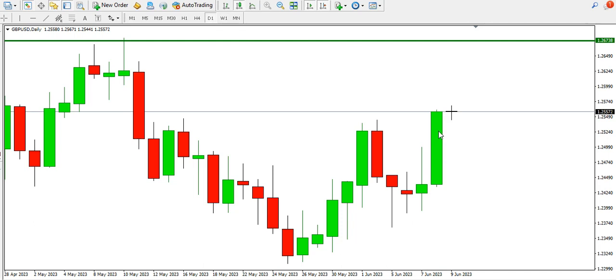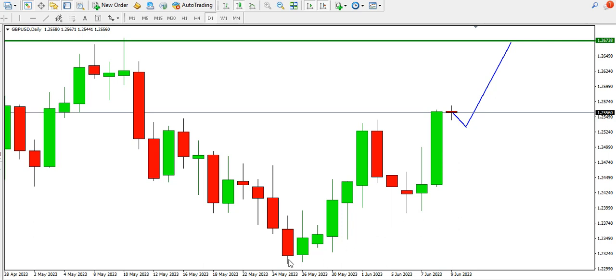On the daily time frame, yesterday's daily candlestick has closed above this particular high, and it looks more like an institutional candle. So you are advised to look for buying opportunities, but we might have a possible retracement to some level before price continues up.